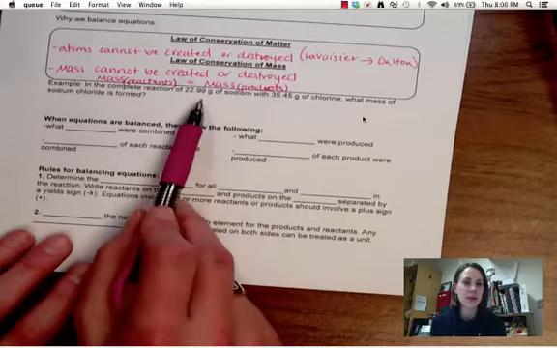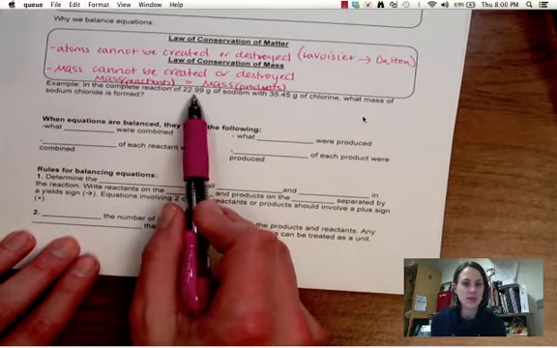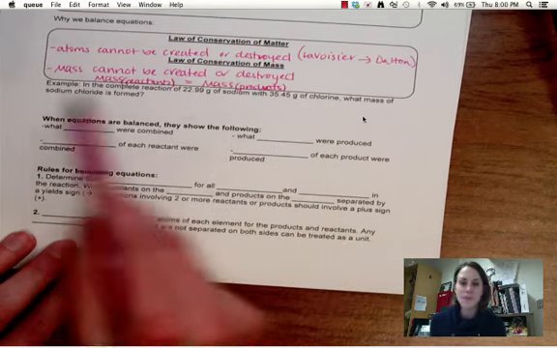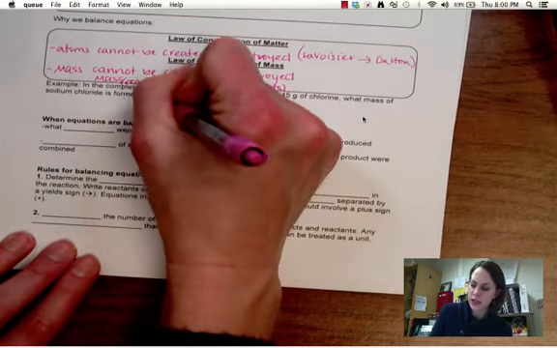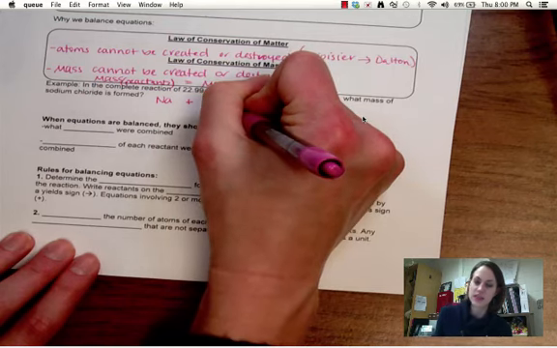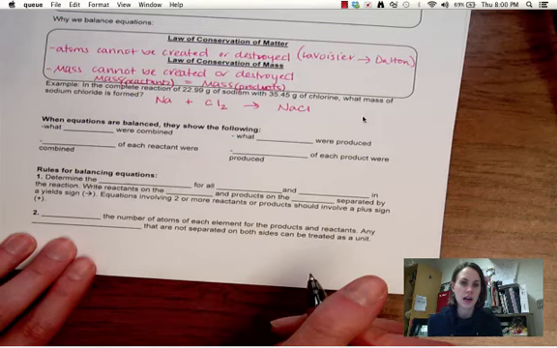So if I look at a quick example with that, in the complete reaction of 22.99 grams of sodium with 35.45 grams of chlorine, what mass of sodium chloride is formed? So what I'm really doing is adding sodium with chlorine, which is Cl2, to form NaCl.